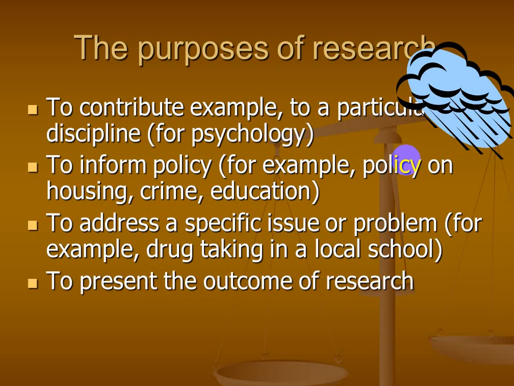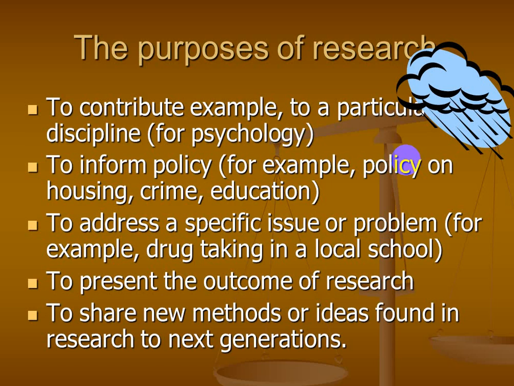When you have a research finding, before your publication, you have to present it to your supervisor, to the audience, and also the public. Especially, you have to share new methods or ideas found in your research with the next generations, the next learners or researchers.